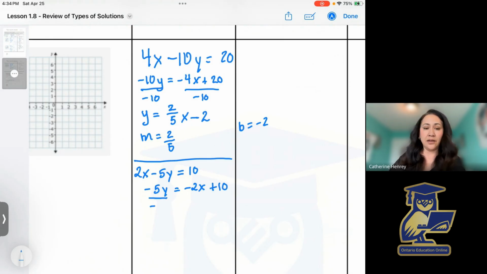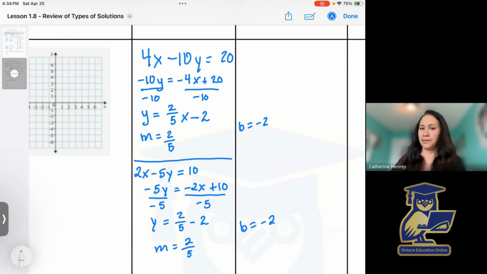Divide through by negative 5. And I'll have y is equal to 2 over 5x minus 2. So my slope here is 2 over 5, and my y-intercept here is negative 2.